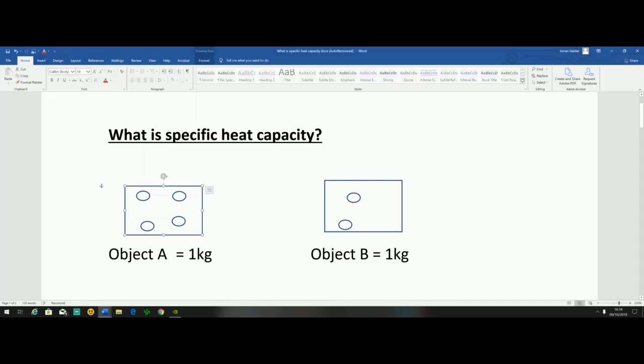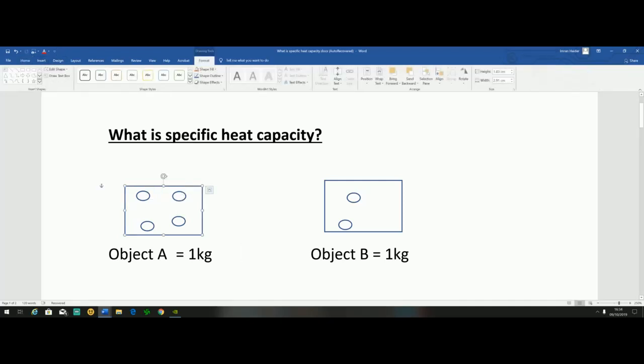So if I go with this one, let's say that the circles represent 1 joule of energy, just to make it really simple. So I've got 1 joule of energy that's gone into there, another one in here, another joule of energy in here, and finally 1 more joule in here.